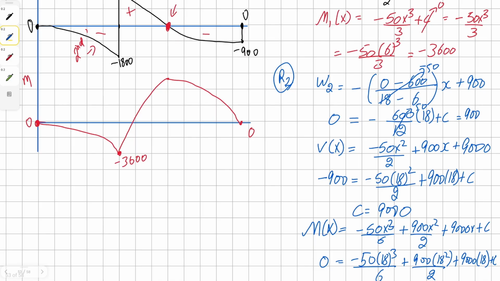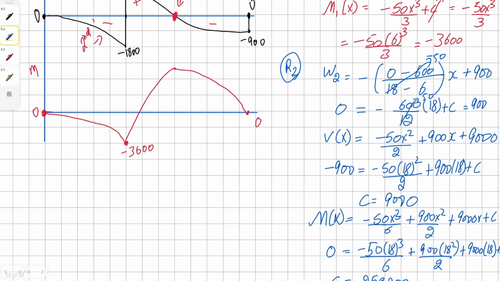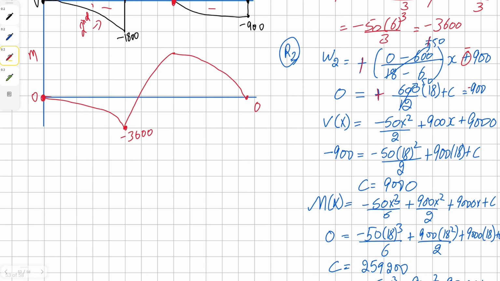And I think we have found the problem. This negative 50, and then there is another negative from the load being in the negative direction. This would have been a positive here. If this is positive, this means that our solution for C is going to be negative 900. This means our solution for the load equation is going to be positive 50x take away 900x.